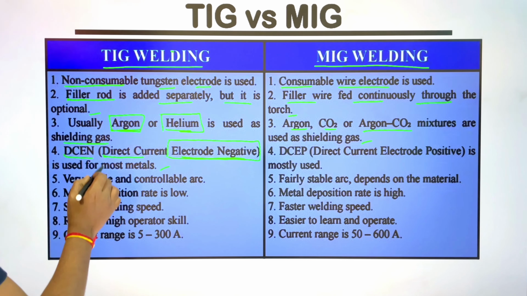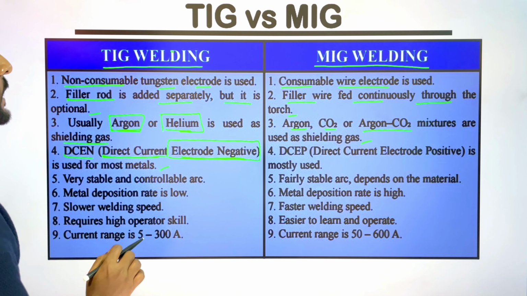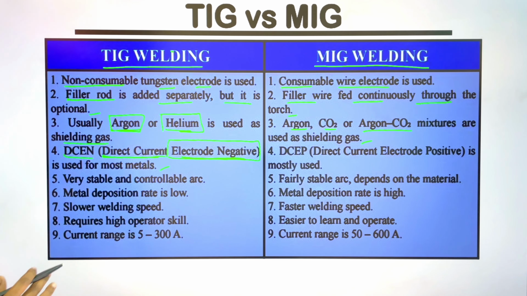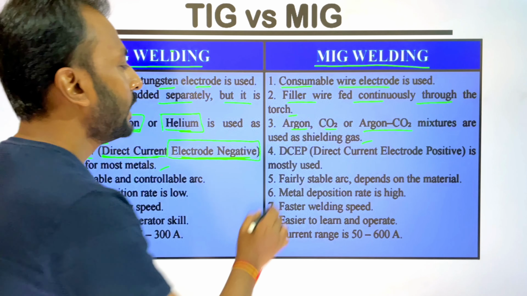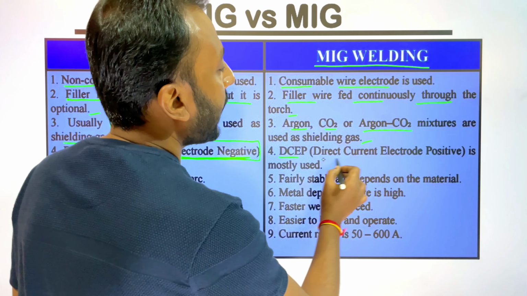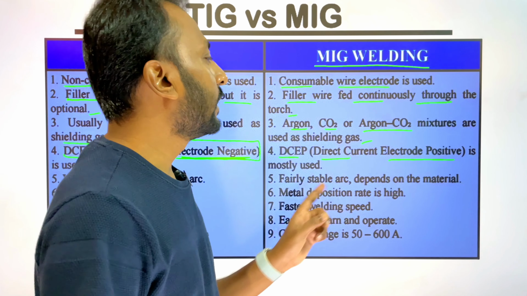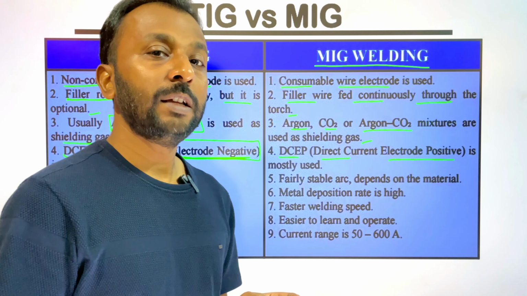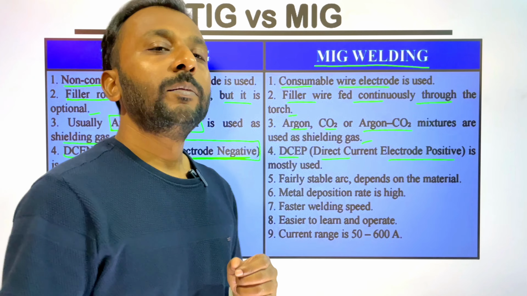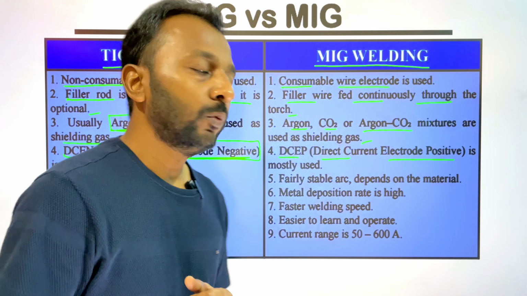When we are using direct current in TIG welding, the electrode is connected to the negative pole, but in MIG welding it is DCEP, direct current electrode positive. In most cases the electrode is connected to the positive pole of the MIG welding machine. So here the melting rate of the electrode will be more than the workpiece.